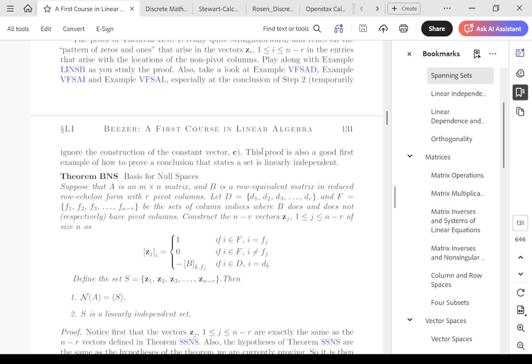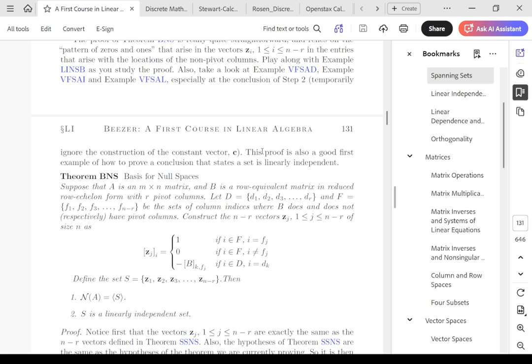We define the set z1, z2, up to z sub n minus r. However many free variables we have, that's how many vectors we're going to have. So we can define the null space as the span of this set.